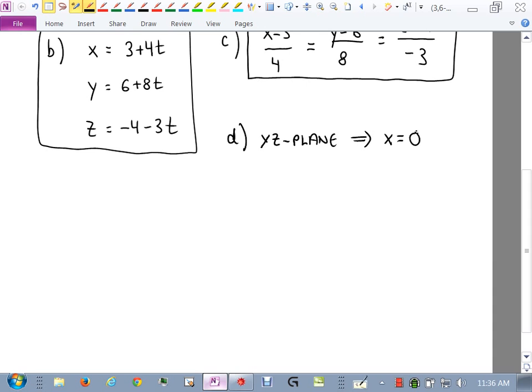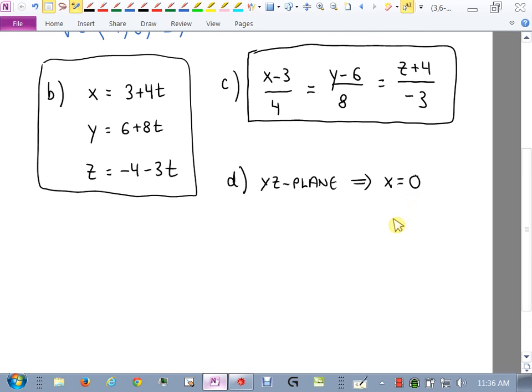So how does that help us? What can I do? Set x to 0 in C. So you could do that and solve for y. Okay, that would work. Any other ideas?